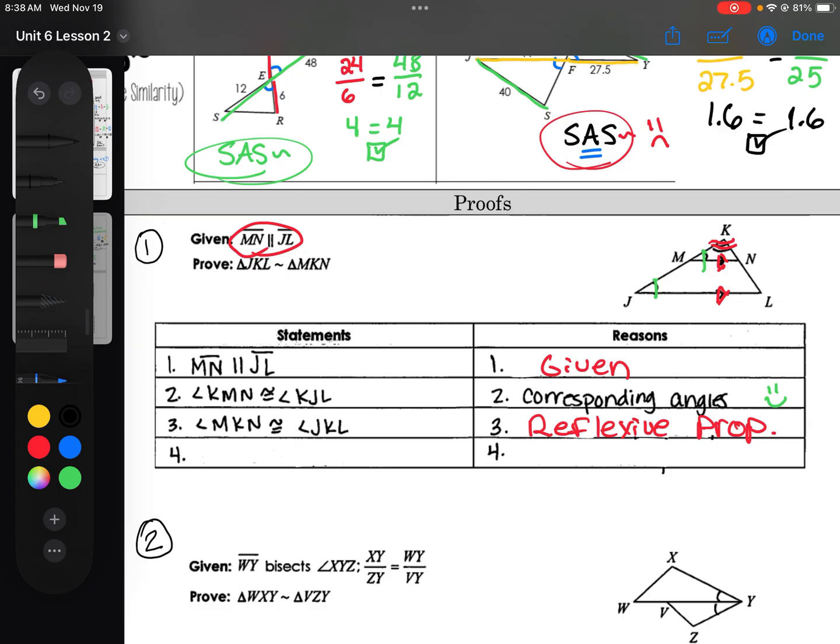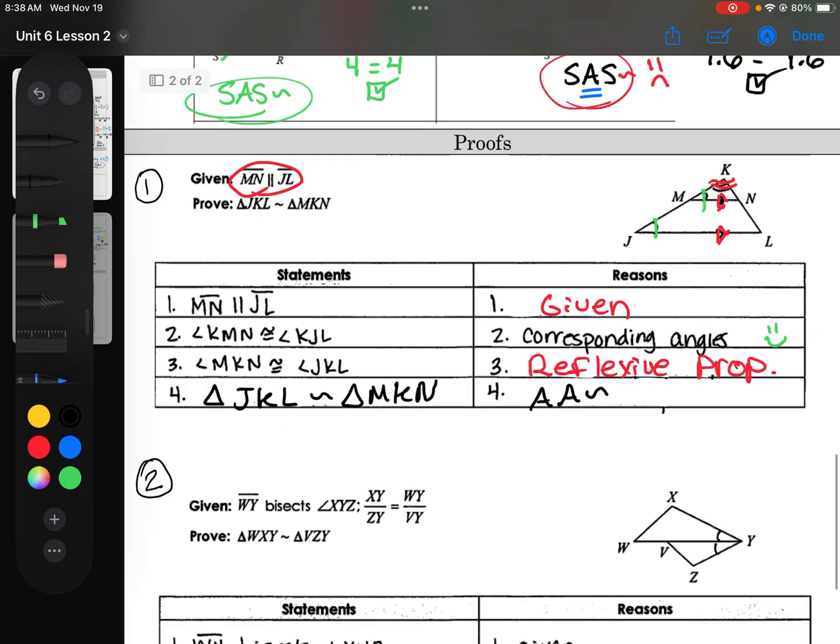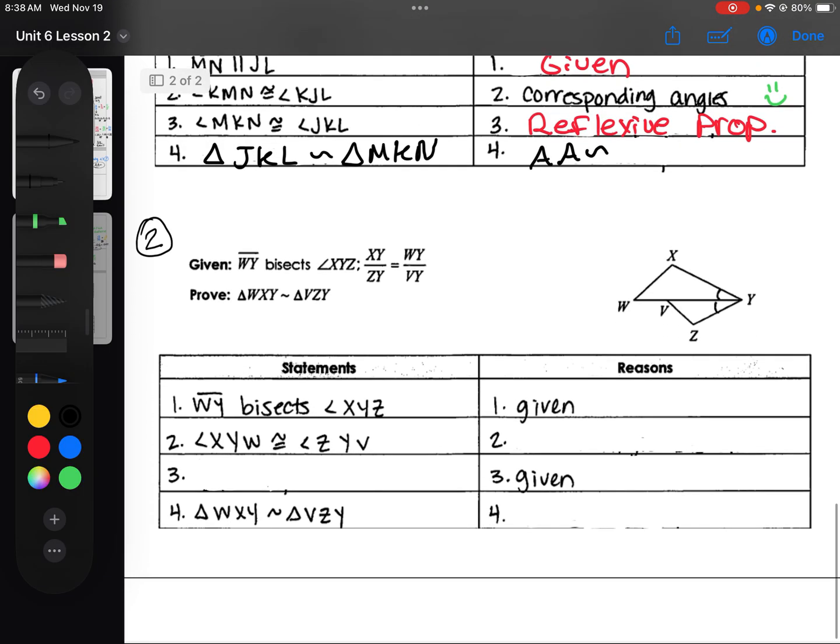Okay? And last but not least, in every proof is always going to be what's asking to prove. So triangle JKL is similar to triangle MKN. Why are they similar? If we look at the diagram, we can see they have two angles that are congruent. Therefore, we have enough information to say that it's angle-angle similarity. So that's the answer to your first proof.